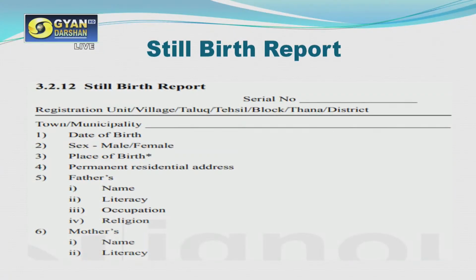For the stillbirth report, you can ask about the registration unit: village, taluka, tehsil, block, thana, district, town, municipality, date of birth of that stillborn, male or female, place of birth, permanent residential address, father's name, mother's name, etc. These details are important.